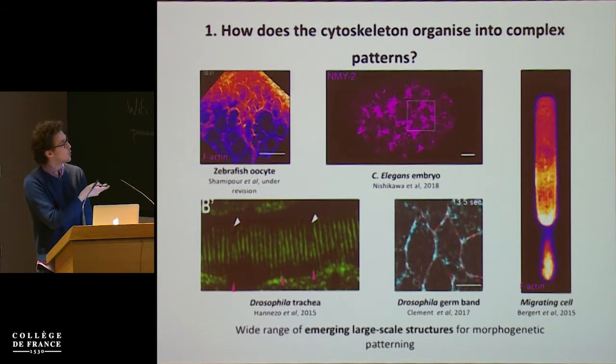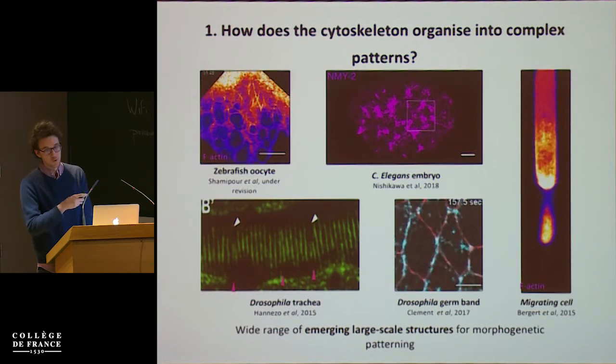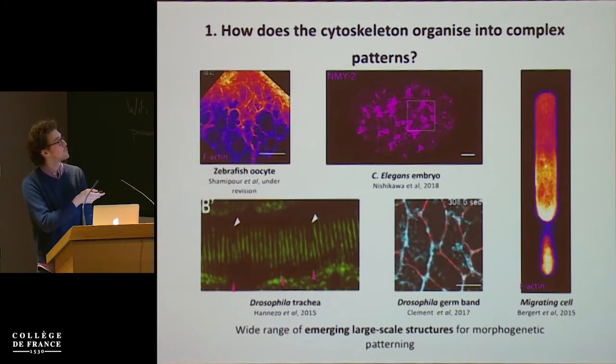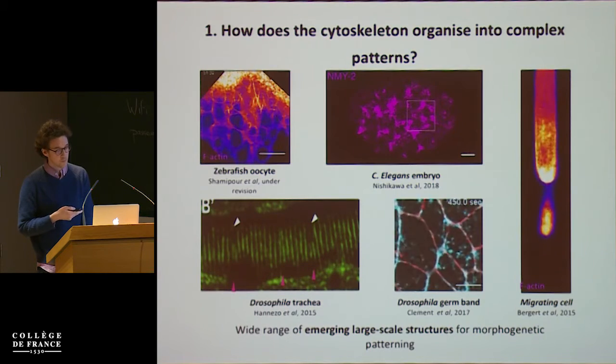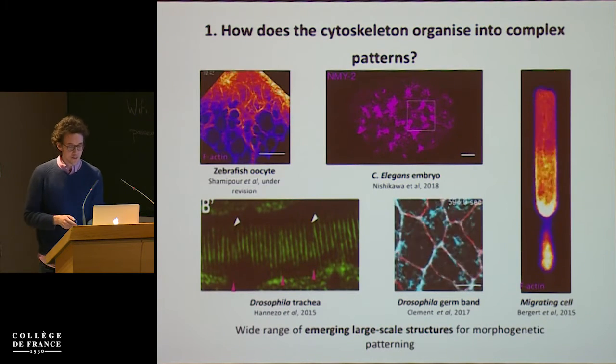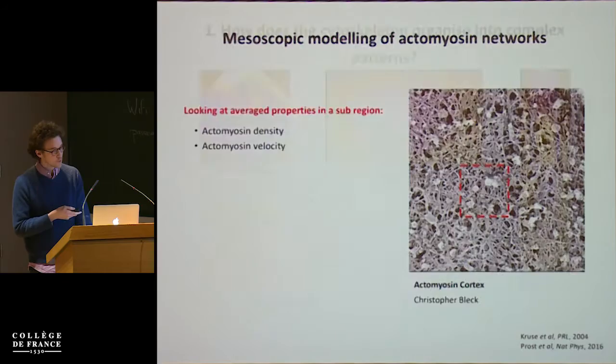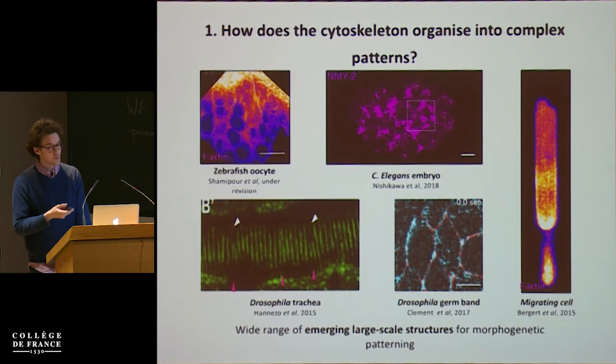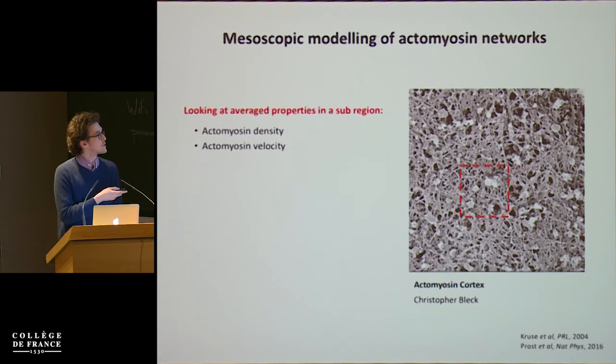And this is really a big question of how you go from the microscale to the mesoscale to give rise to this complexity. Theoretically, a lot of the framework has to do with simplifying the problem and dropping a lot of variables which you could put in to model this kind of actomyosin behavior.